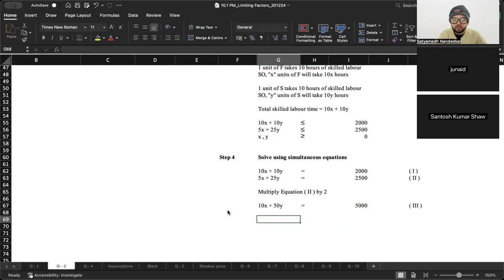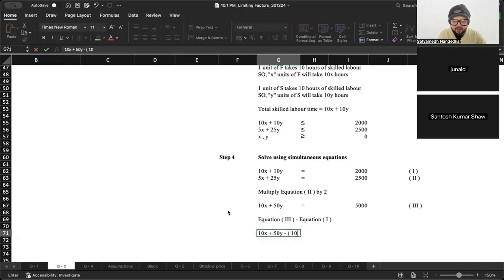Now what I should do is equation 3 minus equation 1. So 10x plus 50y minus bracket 10x plus 10y has to be equal to 5000 minus 2000. So what will remain?